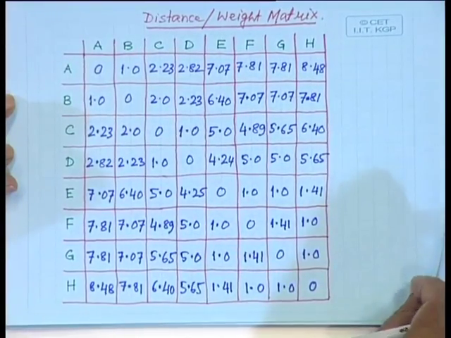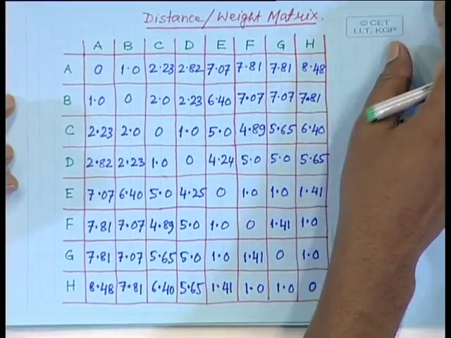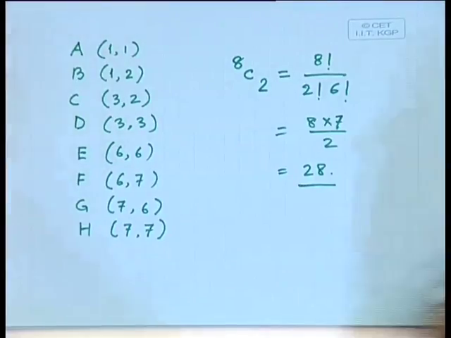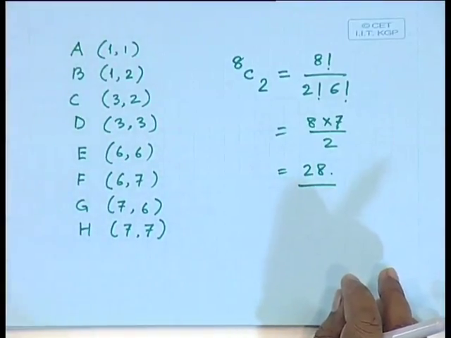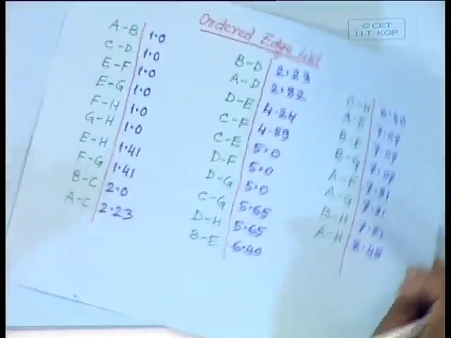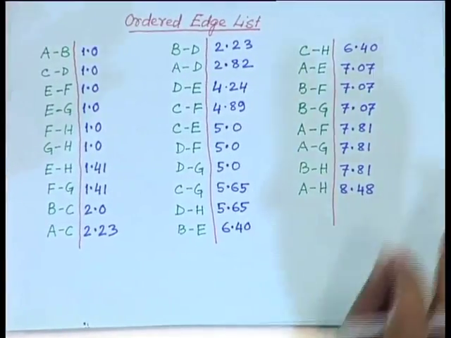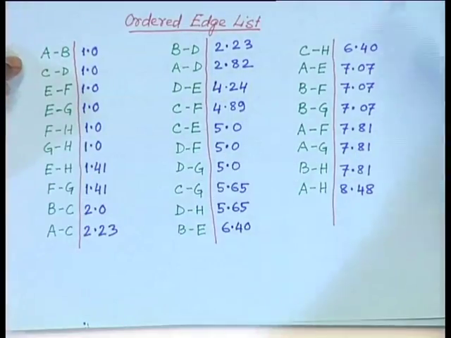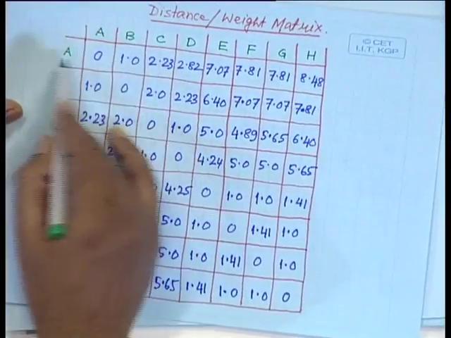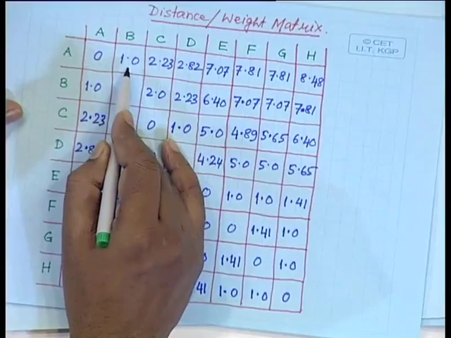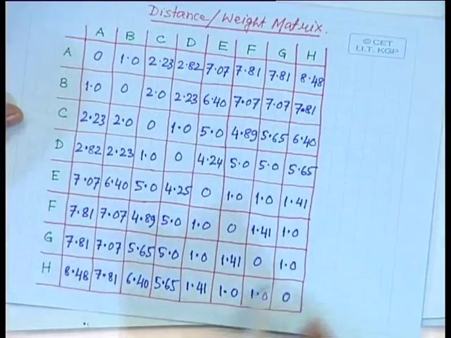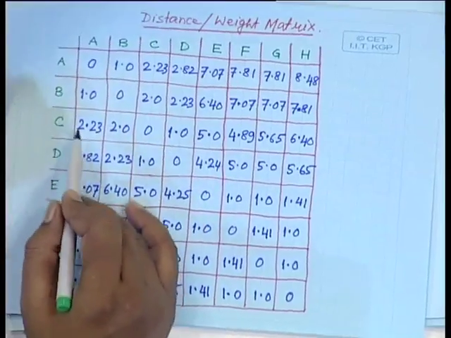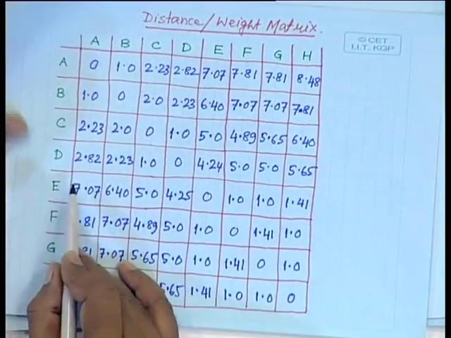And once I have this weight matrix, from it I can find out the ordered list of the edges which are put in ascending order of weights. As I said, the weight between these two vertices A and B is 1.0, and when you look at this weight matrix you find that this is the minimum weight. Similarly, I will have other edges where the weight is also 1.0.